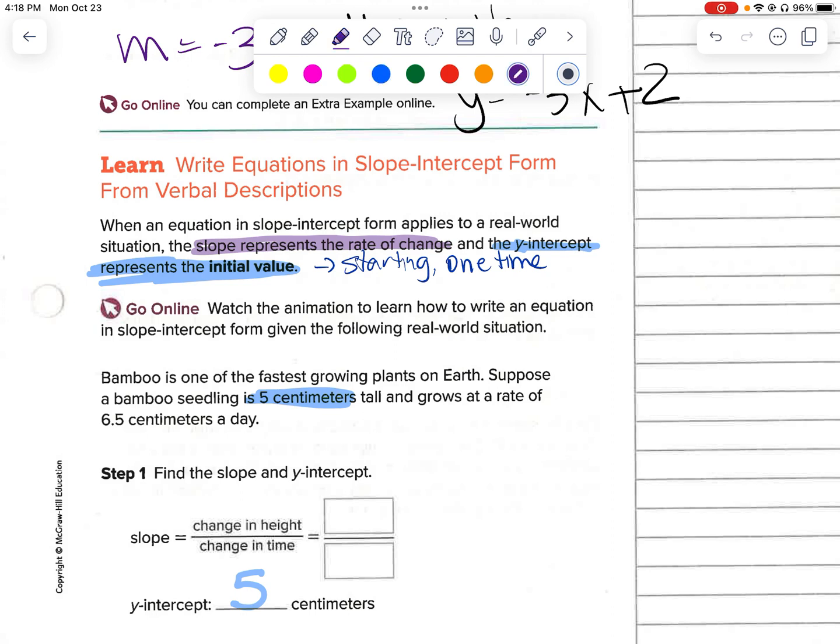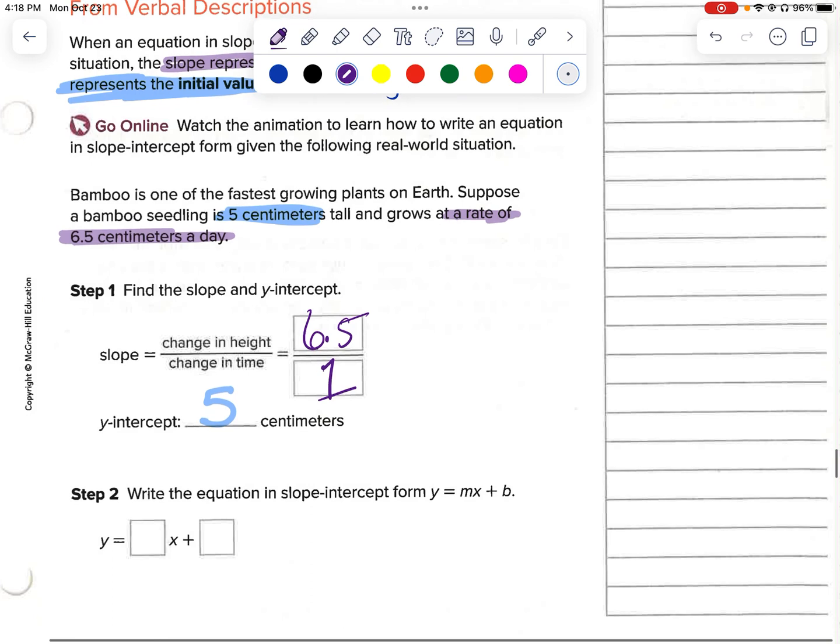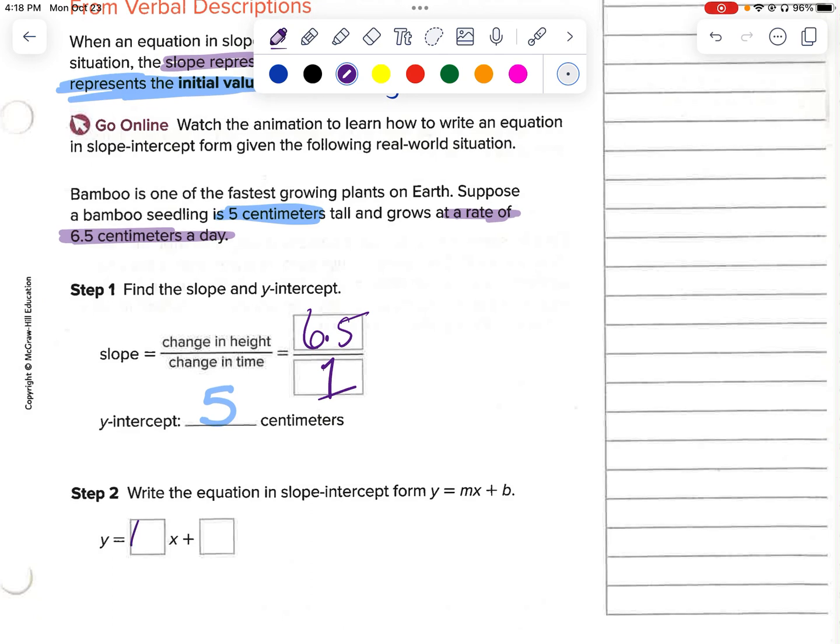Then it says the rate is 6.5 centimeters per day. Okay, so if I was going to write that, 6.5 centimeters per day. Okay, so if I'm going to write an equation, that's 6.5x plus 5.